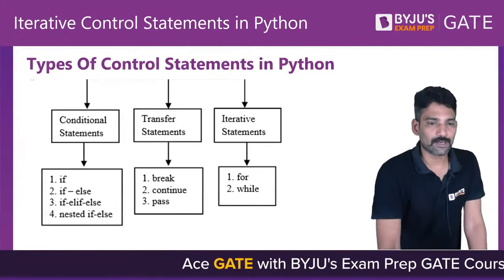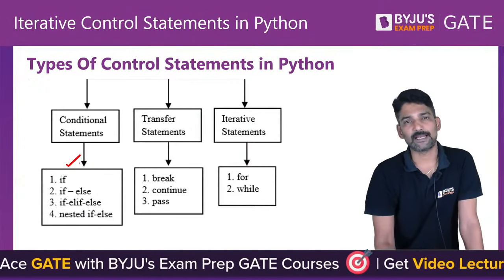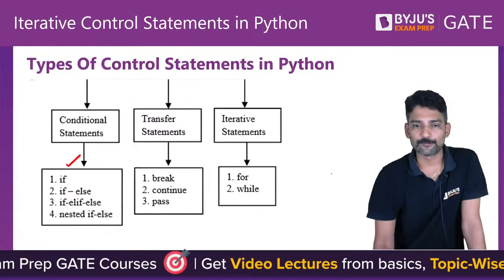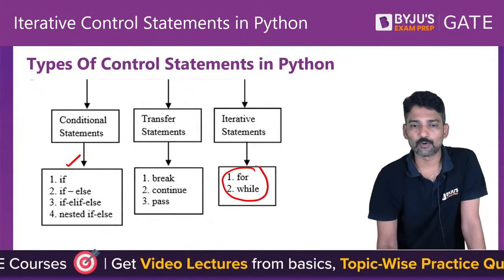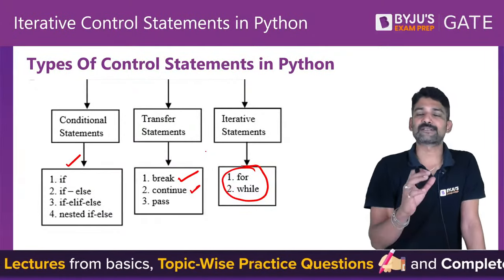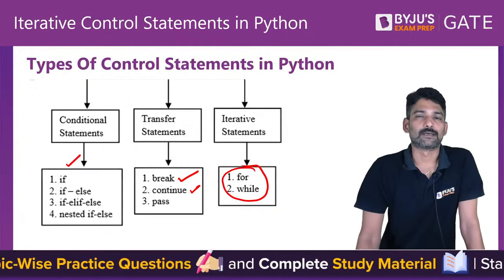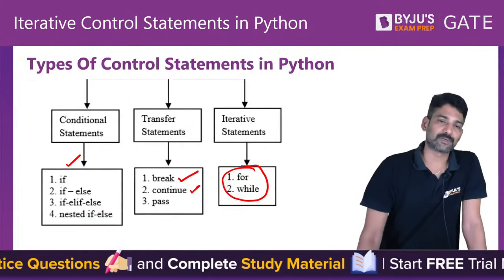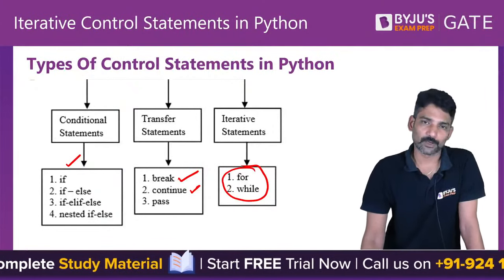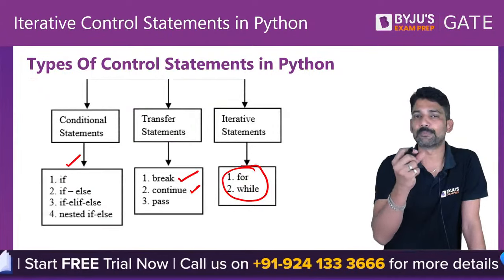We discussed if, if else, and nested if else in the last class. Today we will focus on for, while, break and continue. If time permits, let us discuss pass also. Pass is not that big to discuss, so if time permits, we will discuss it today, or else in the next class. But definitely we will cover the for loop, while loop, break and continue today.